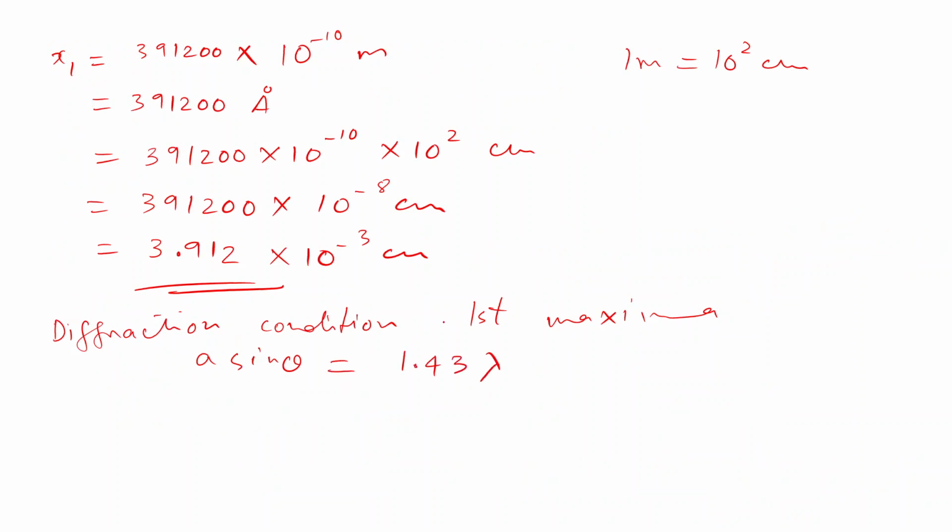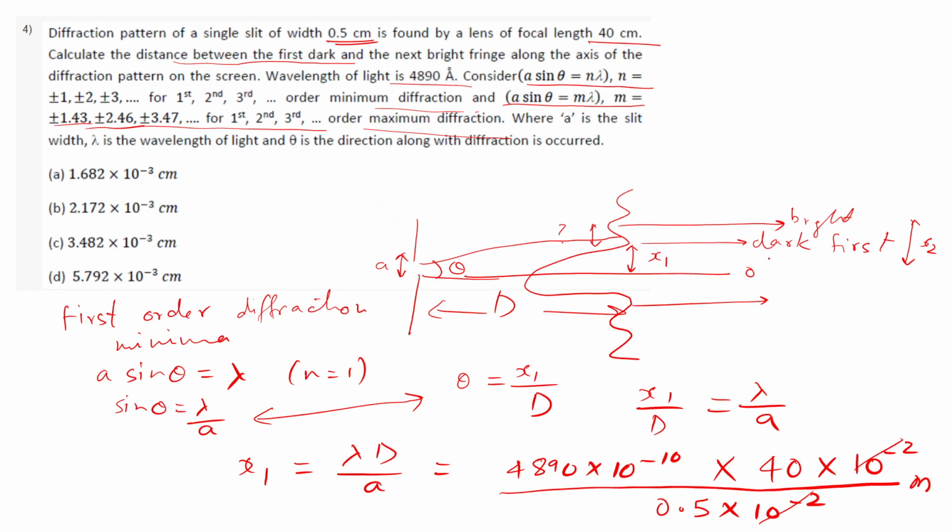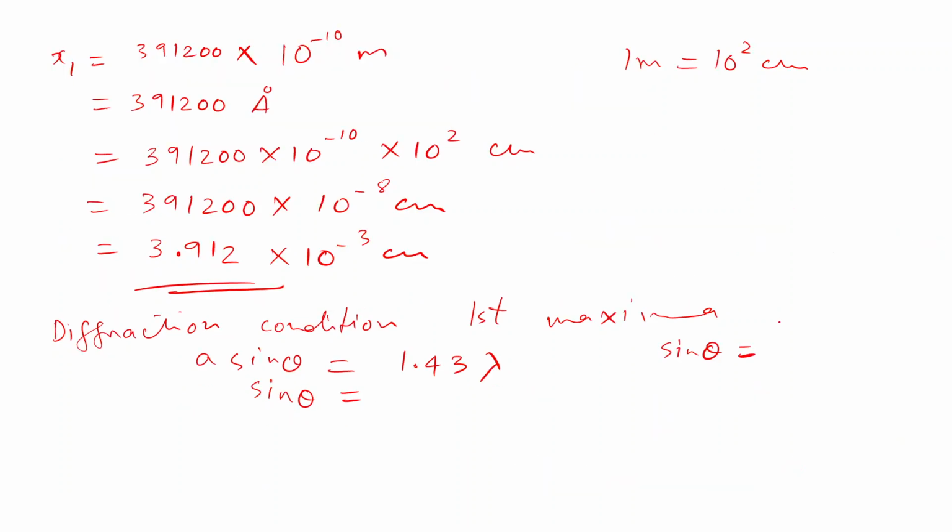It will be 1.43 times lambda. From here, when I find sin theta, we know that for this position, which we call x2, it will be x2 by d. Theta is the same, with the same theta we are getting maxima and minima, so it will be x2 by d again.